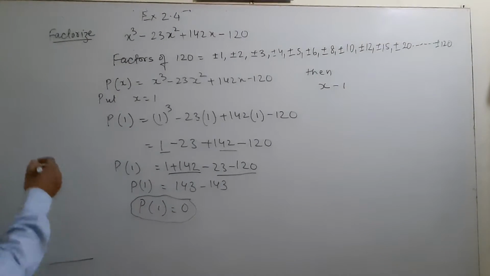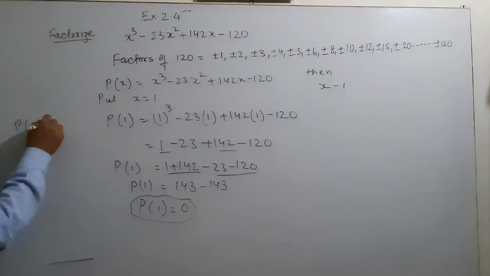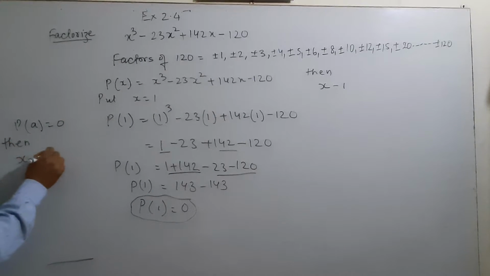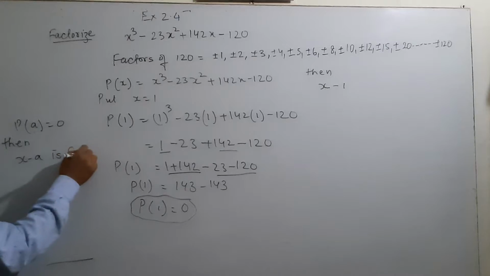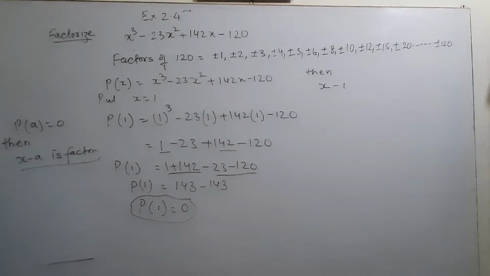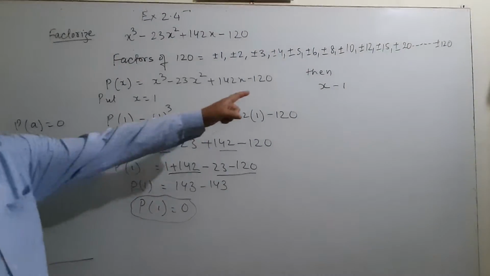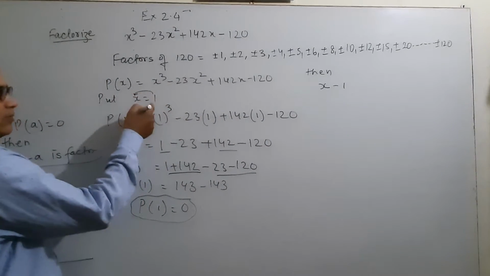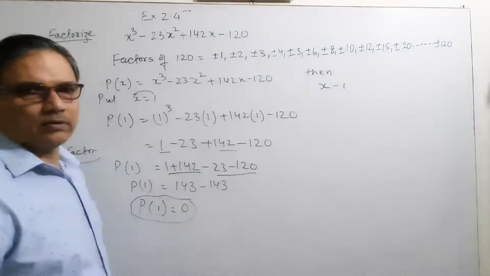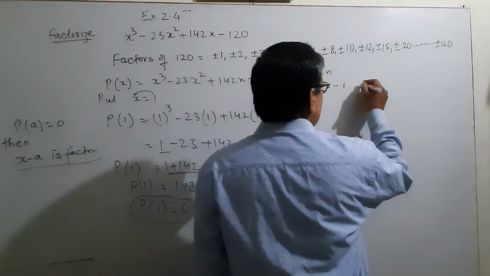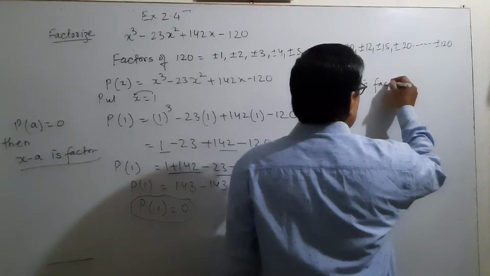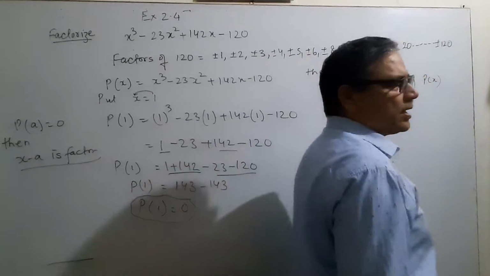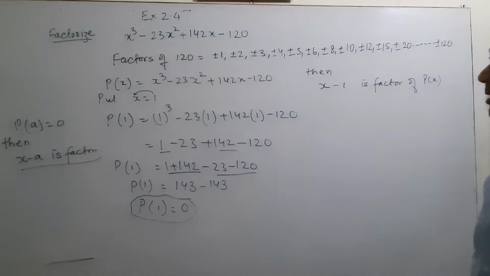We know if Pa is equal to 0, then x minus a is a factor of Px. Here a is 1, so x minus 1 is a factor of Px.